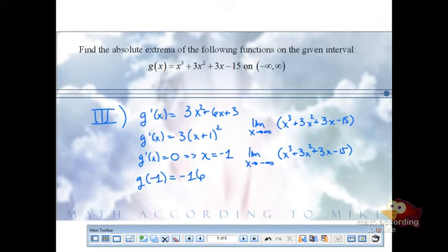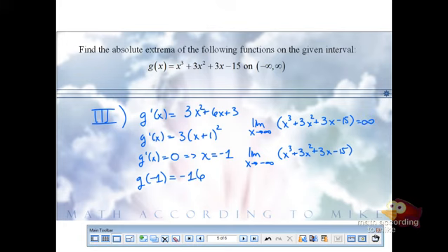What only matters here is the first term. So even though that's a huge polynomial, all that matters is the x cubed. So as x gets more and more positive, what happens to x cubed? Gets bigger in what direction? Positively or negatively? Right. So this is going to shoot off to positive infinity.